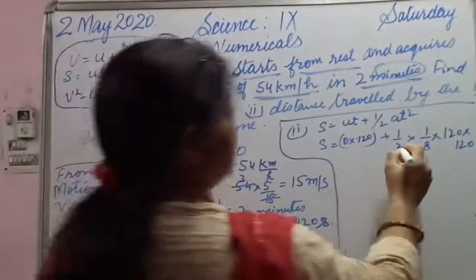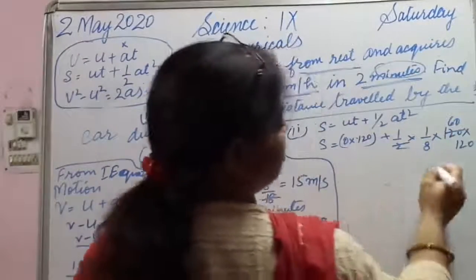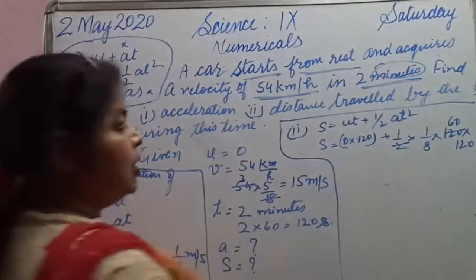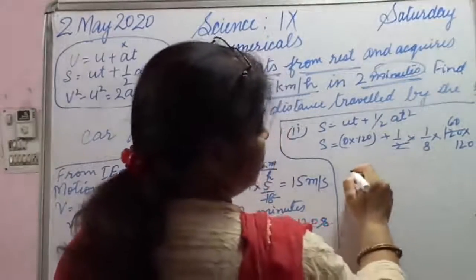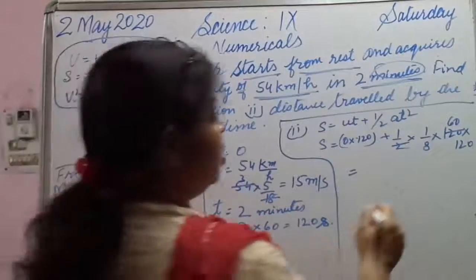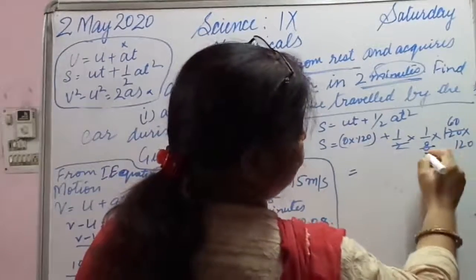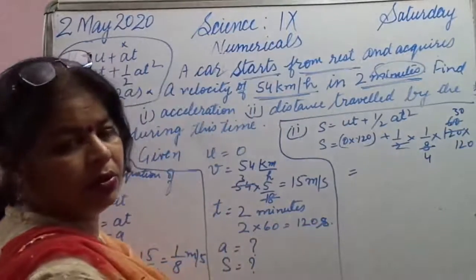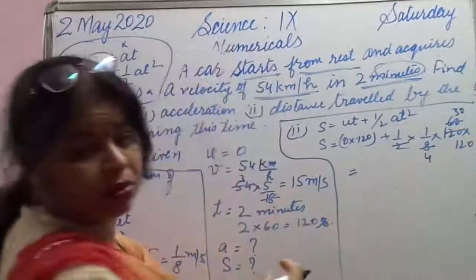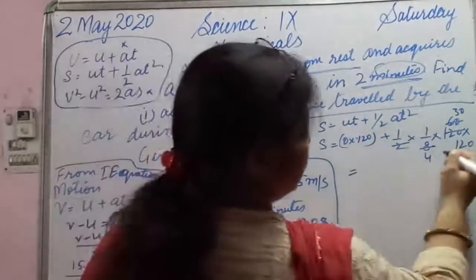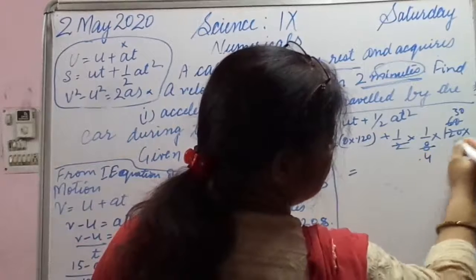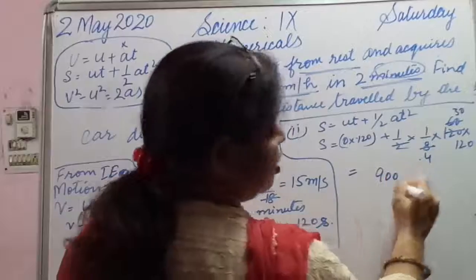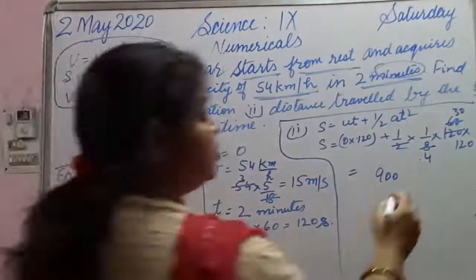Okay, so let us cut it. Now some more deductions we can do, and we are going to get s is equal to, let us cut it. Fine, it will be a 900 meter answer.